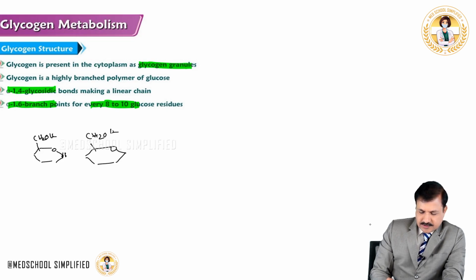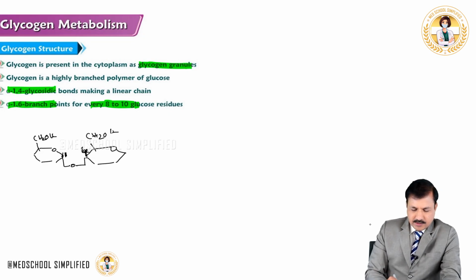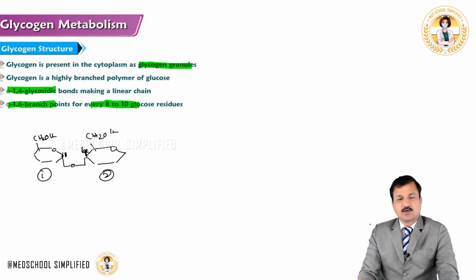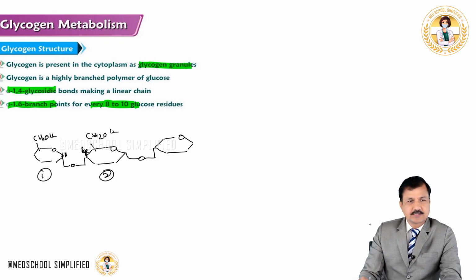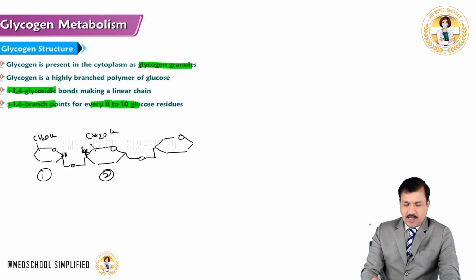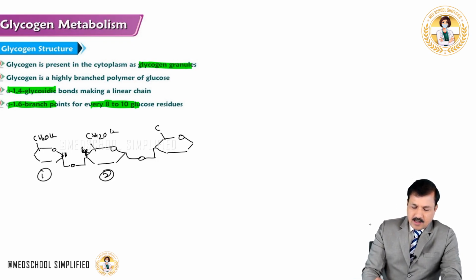This is the first carbon of one glucose and the fourth carbon of the other glucose. There will be formation of an alpha-1,4 glycosidic bond between the first glucose and the incoming second glucose. Like this, a linear chain will be synthesized as more and more glucose molecules connect. So how is the alpha-1,6 branch point created?